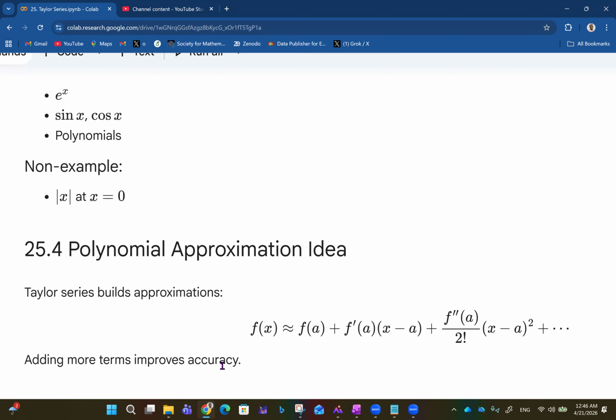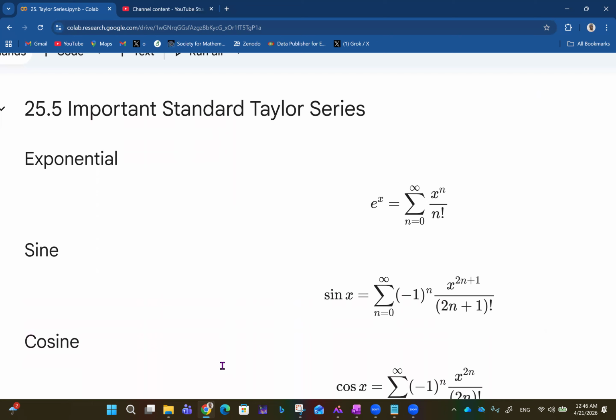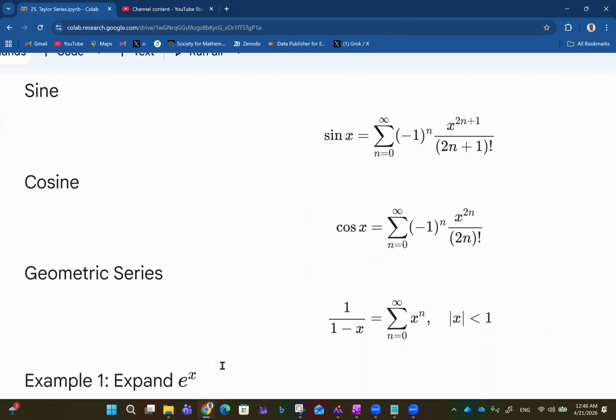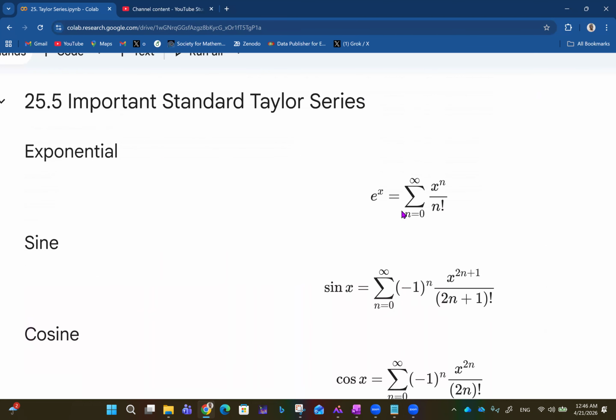Since the Taylor series is only helping us get approximate polynomials to express transcendental functions, the more terms you have in your series, the more accurate the approximation gets. But at best, it will always be an approximation. For instance, for the exponential function, you have e raised to the power x equals the summation from n equals 0 to infinity of x raised to the power n over n factorial.